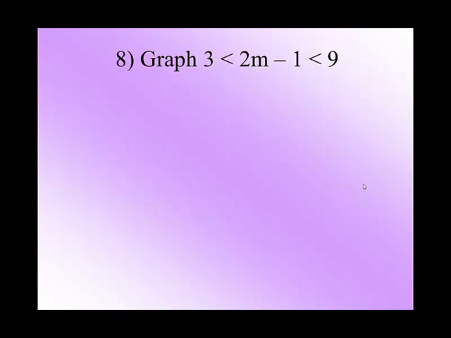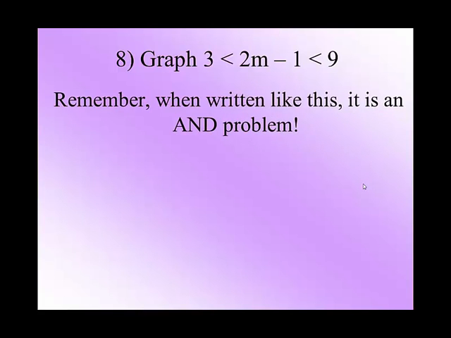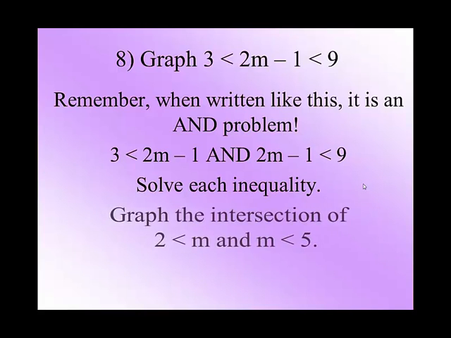Let's look at the next one. So we again have a compound inequality. Since our variable's in the middle, we know it's an and situation. So we can break this into two problems. 3 is less than 2m minus 1, and 2m minus 1 is less than 9. Solve each one.